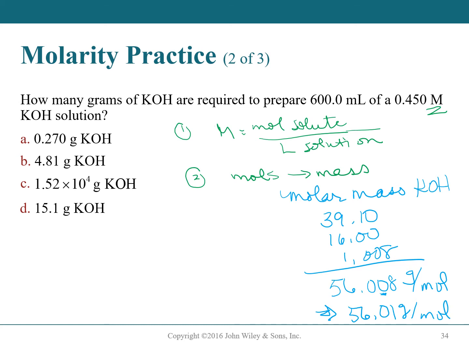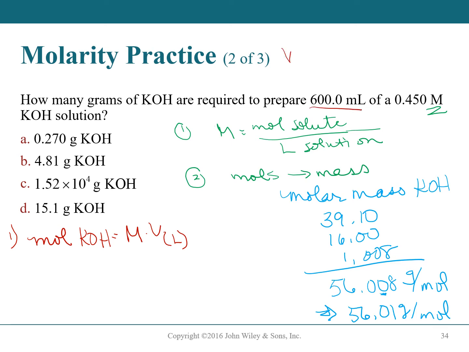Okay, let's rearrange our equation 1 first. For 1, we're looking for moles of solute. So moles of solute KOH is going to be equal to the concentration times the volume, and that's got to be in liters. Okay, we have 600 milliliters, so we need to do a conversion.